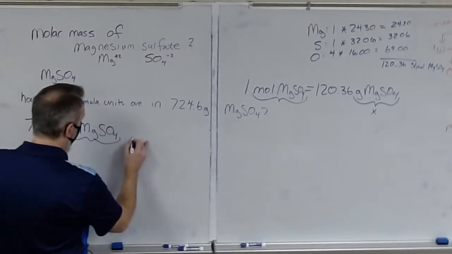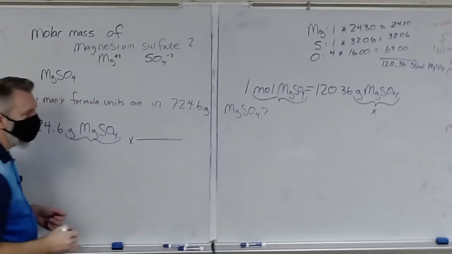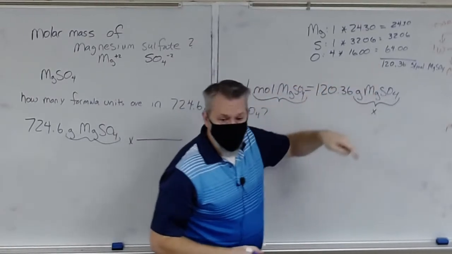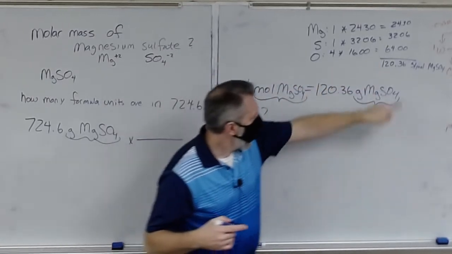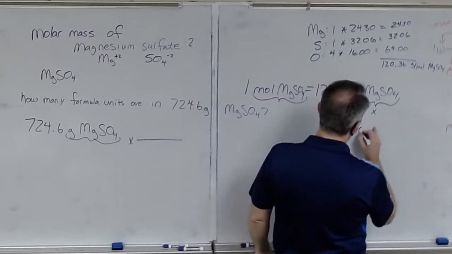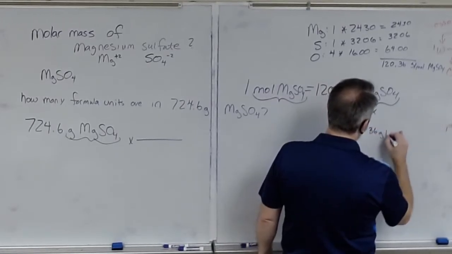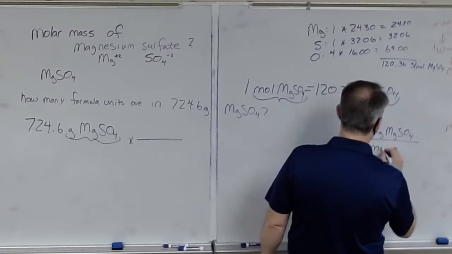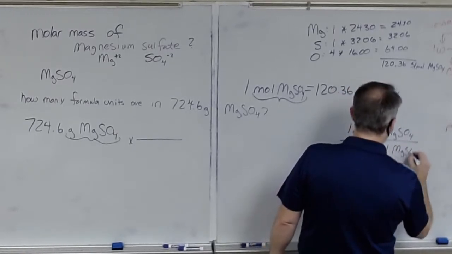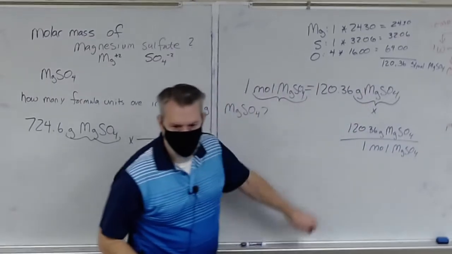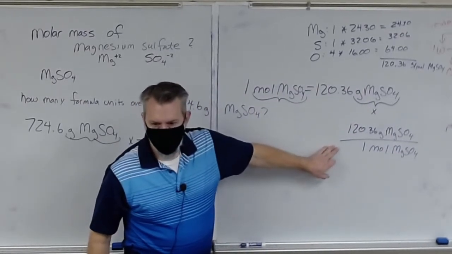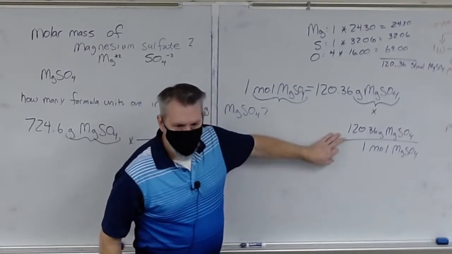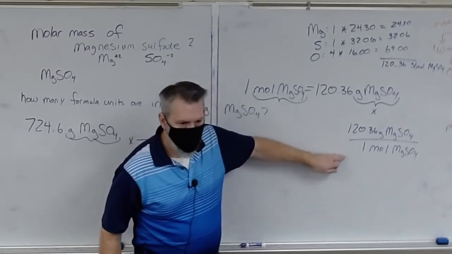So I want to go from grams. If I have an equality like this, that means I can write fractions. This literally says 120.36 grams of MgSO4 in 1 mole of MgSO4. From a practical standpoint, this is going to equal what?